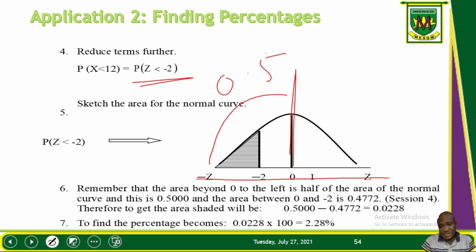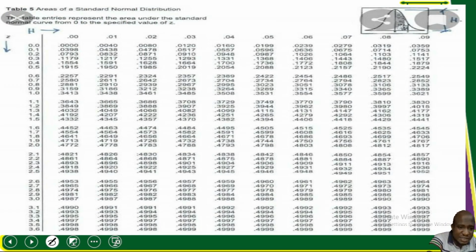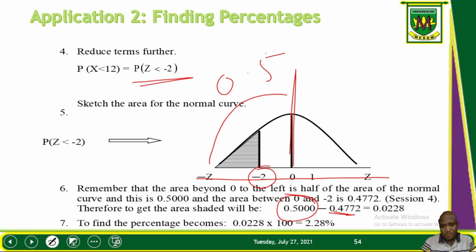So after tracing the 2 from the table, you have to deduct the value from the half you are dealing with. It's less than, so we are dealing with the other half, which is 0.5000. For the 2, you will get 0.4772 from the table.